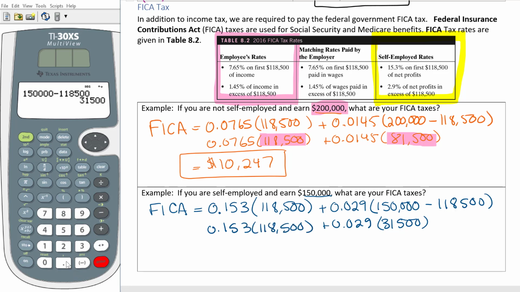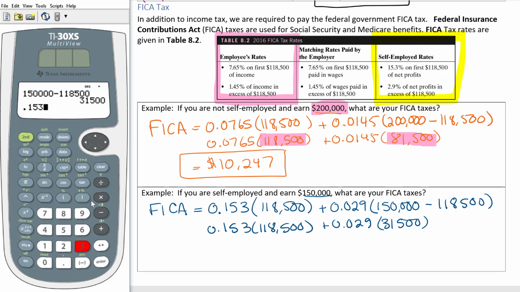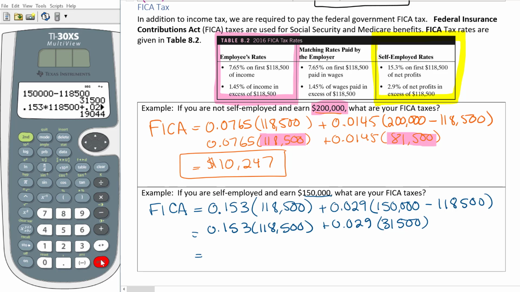So now I can take 0.153 times the 118,500, and I'm going to add that to 0.029 times 31,500, and that's going to get me a total FICA tax of 19,044.